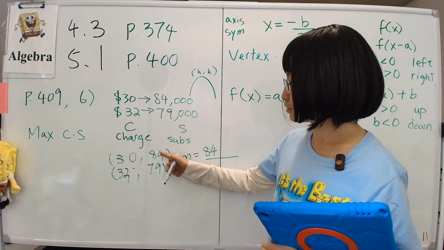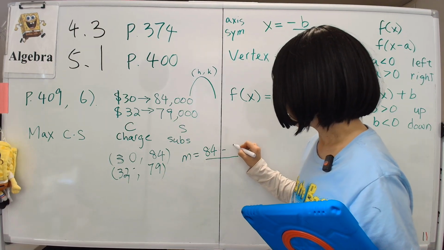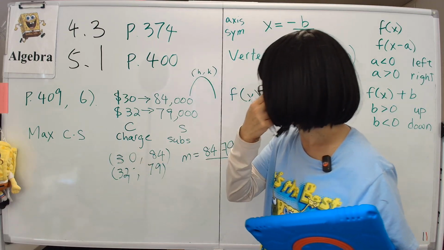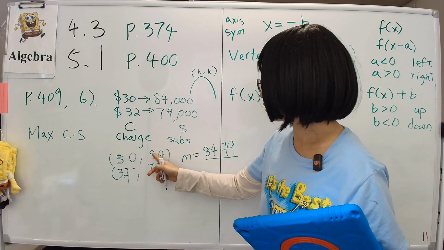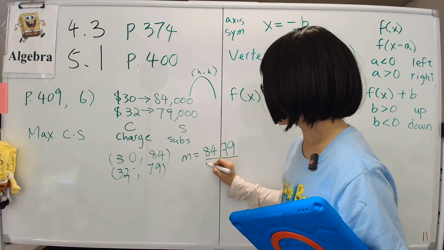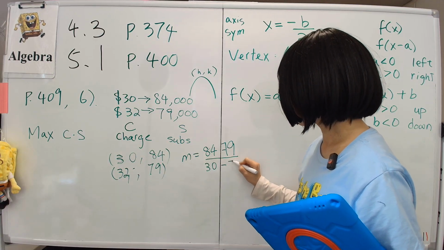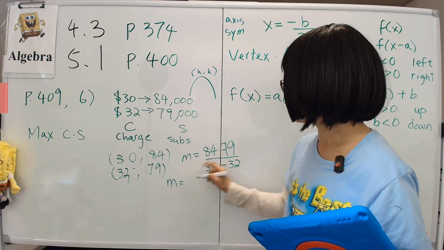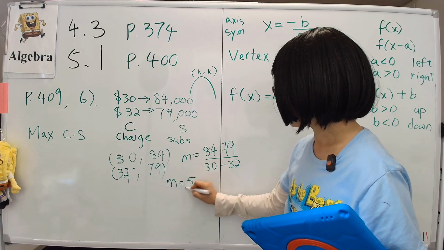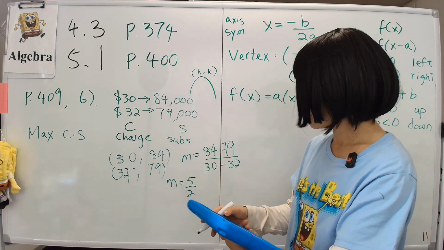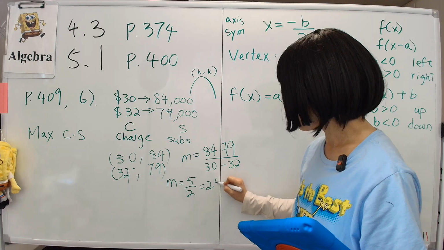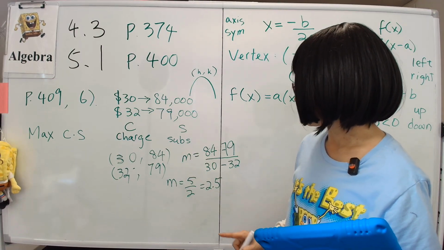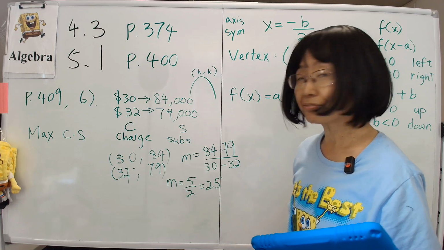Anyway, y2 minus y1 divided by x2 minus x1. So the slope will be equal to 5 divided by 2, which is 2.5. Remember that these numbers are in thousands, so that is 2.5 thousand.